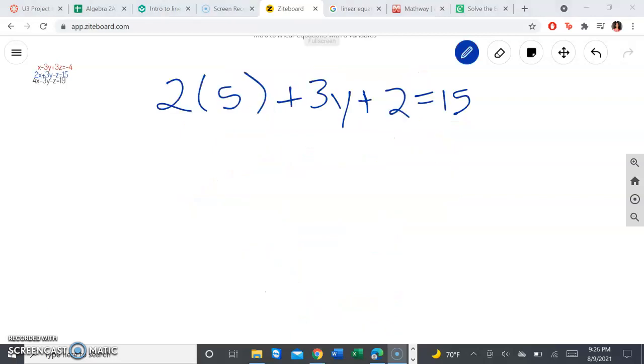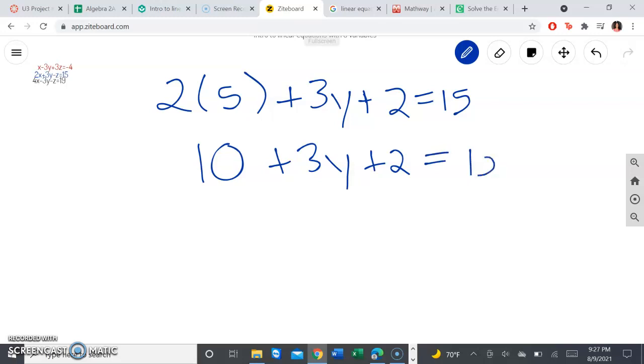In the second equation, 2x plus 3y minus z equals 15, I plugged in what we got, which was x equaling 5 and z equaling negative 2. 2 times 5 is 10 plus 3y plus 2, because z was negative 2, and then in the original equation it was negative z, so negative and negative equal positive. So that's how we got positive 2 equals 15.